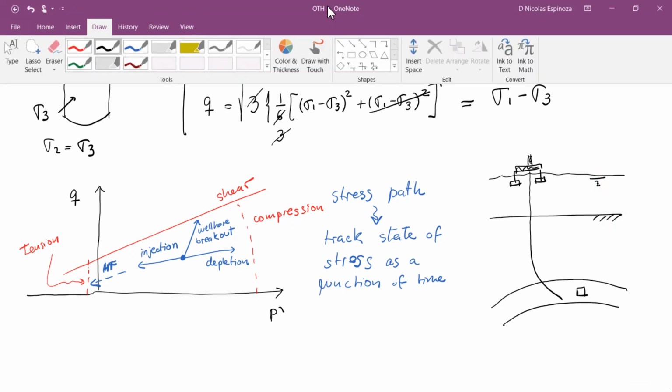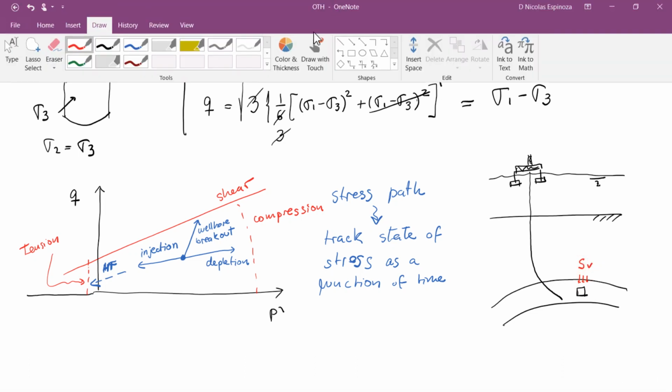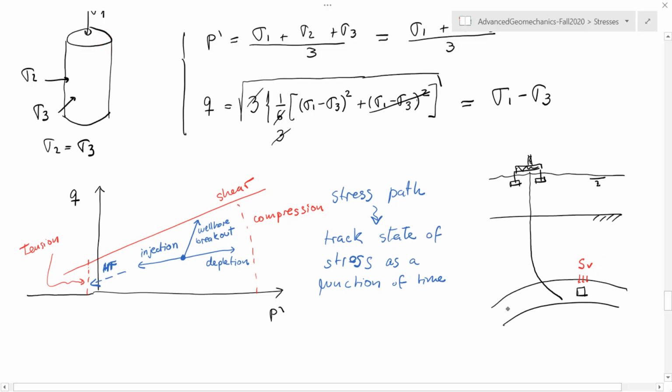And for that, using these stress invariants is very useful. All right, so now this is everything for this lecture.